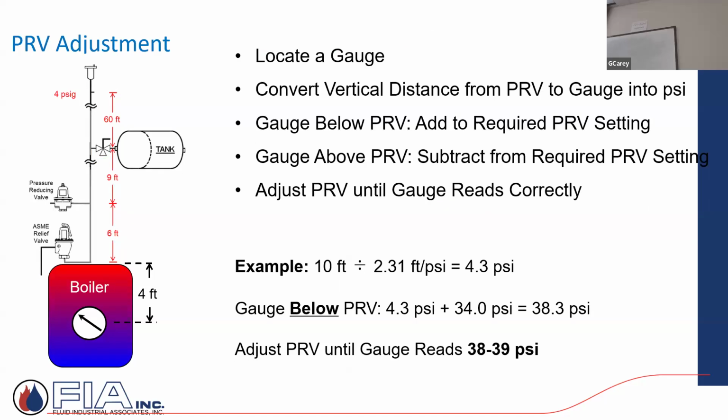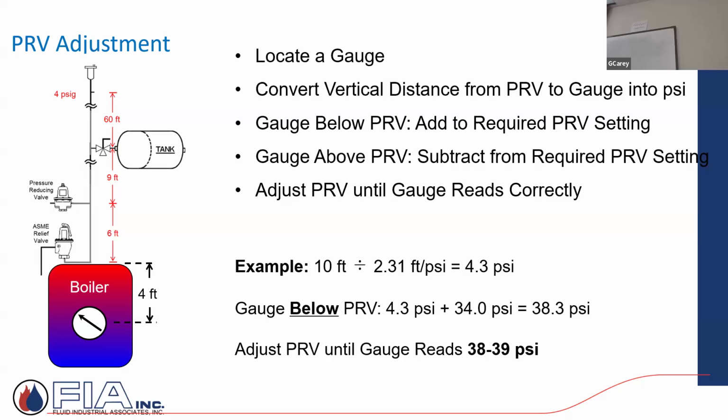Now, as I'm out in the field, this is getting real technical, kind of a pain in the butt, but what it's saying here is the gauge that I'm referencing to where I set it, there's a difference in height. So I just want to account for that difference. In this example, from here to the top of the boiler is 6 feet, an additional 4 feet to the gauge, so a total of 10.